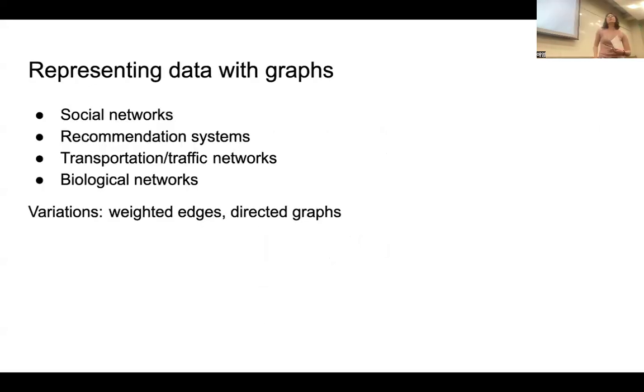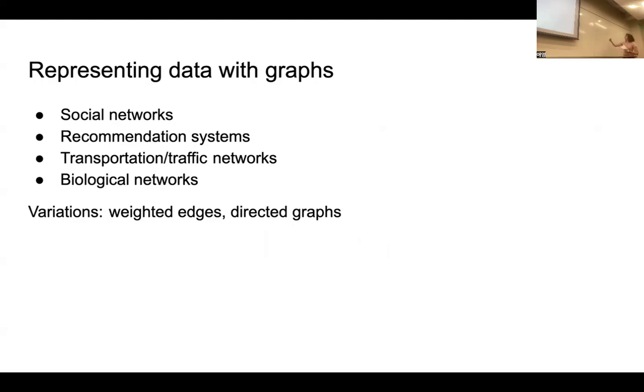Okay. So why are graphs fundamentally important? As you probably know, graphs can represent a lot of different types of data. For example, social networks, where each person or entity is represented by a vertex, and the relationships between those people are represented by edges. Another type of graph is a bipartite graph, which can represent recommendation systems.